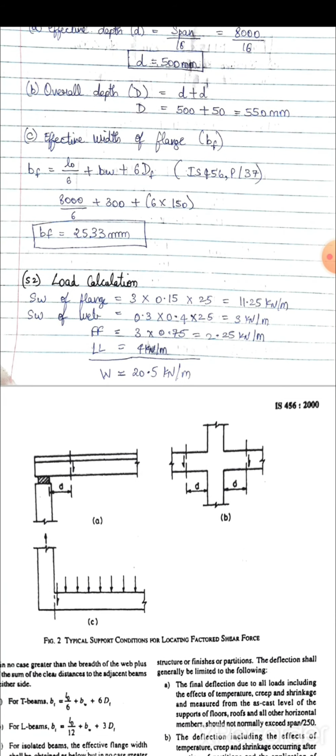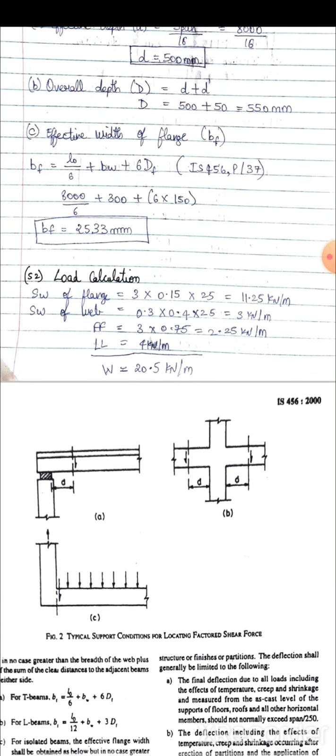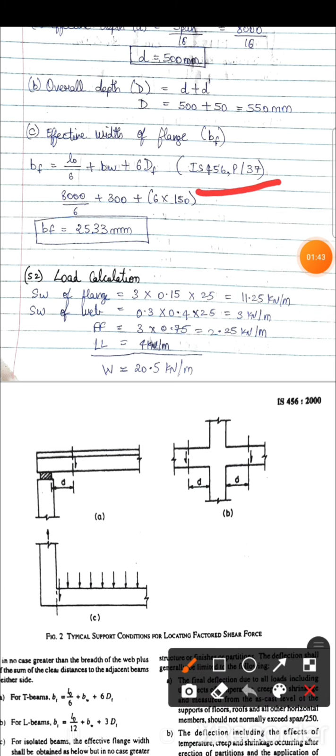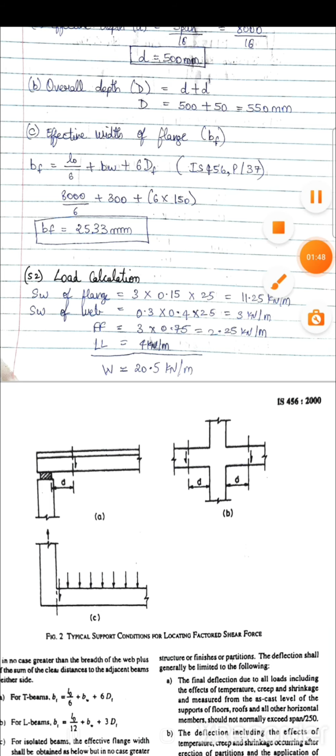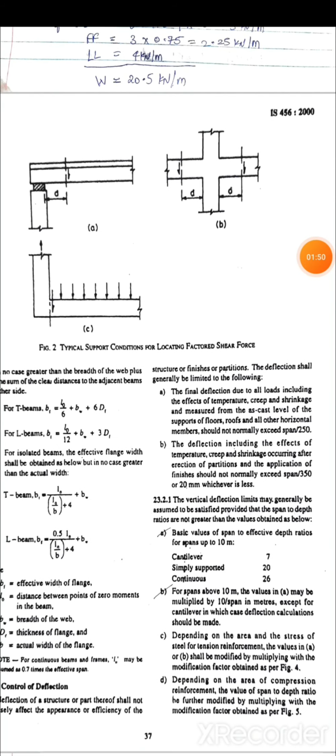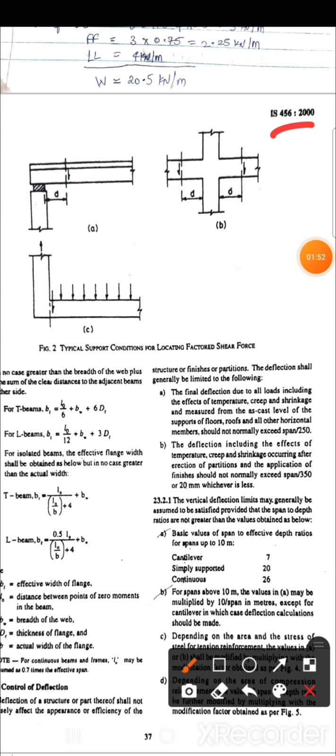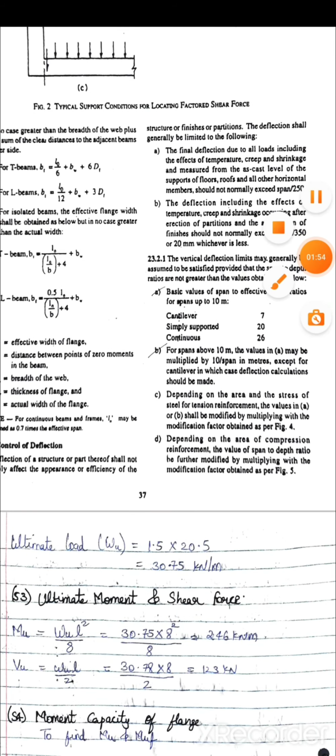Next step is effective width of the flange. The formula is given in IS456 page number 37. This page is IS456 2000 page number 37.